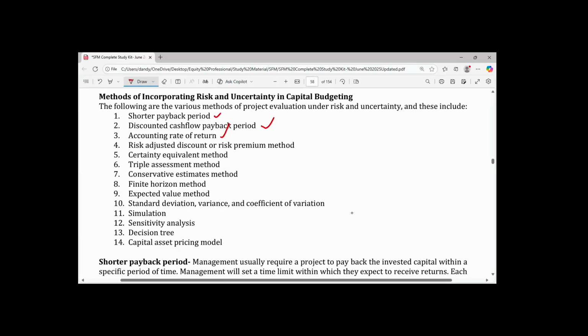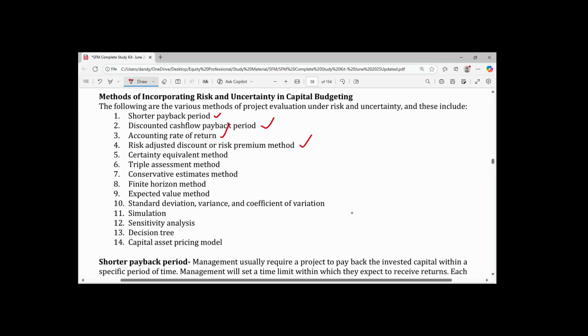Let's talk about the risk-adjusted method. The risk-adjusted method is also a method of hedging risk, such that you are supposed to use a risk premium. You are going to add the risk premium to the company's weighted average cost of capital to appraise a project.